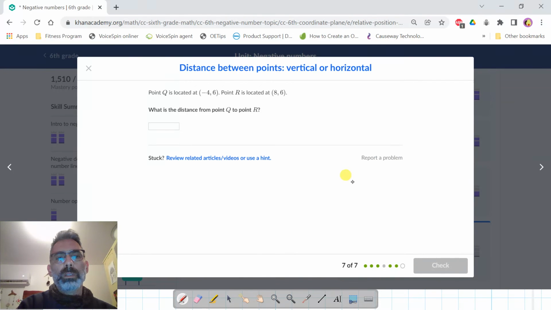Okay, so only distance is on the x-axis. The first point is located at -4, which means it's at a distance of 4 points from the left of the y-axis until the y-axis. So 4 plus 8 is 12.